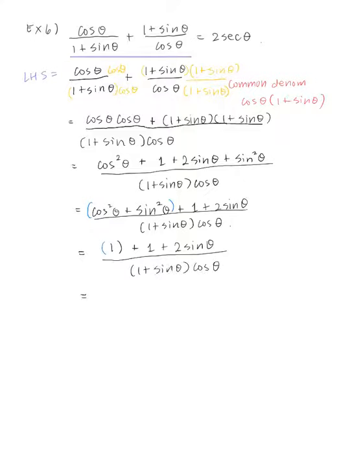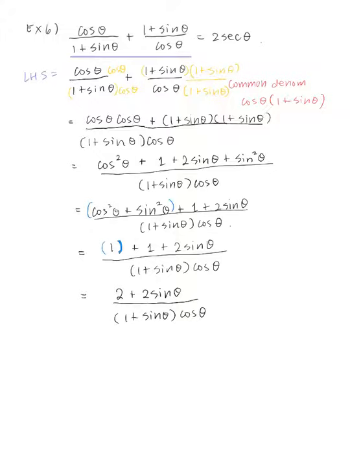Okay, so now what? Maybe we can add 1 and 1 together to get, sorry, I meant to color code this into blue. So now what do we have? 2 plus 2 sine of theta, whole thing over 1 plus sine of theta, and then cosine of theta.